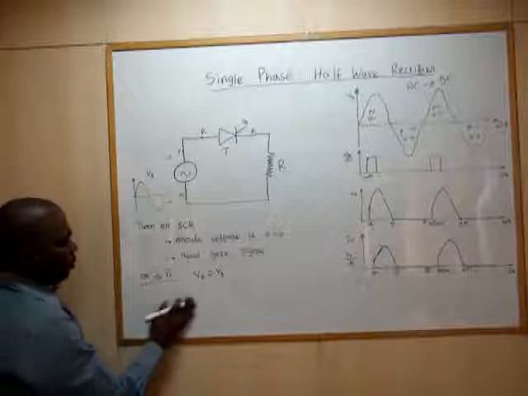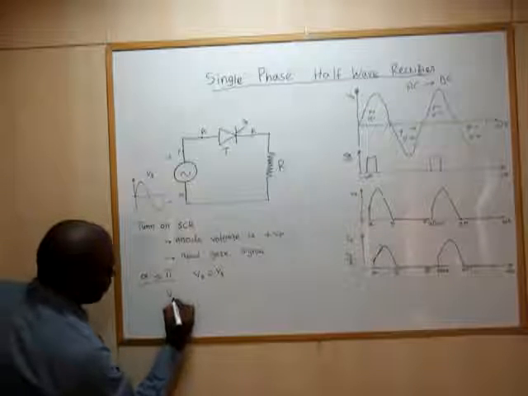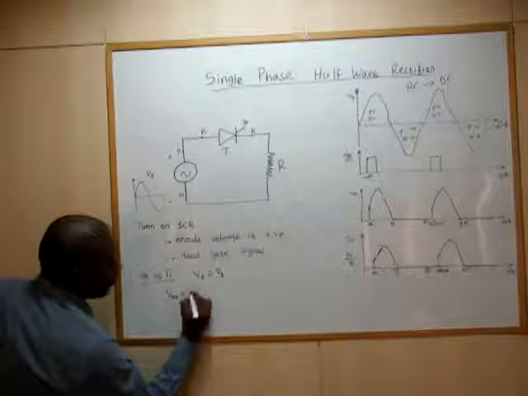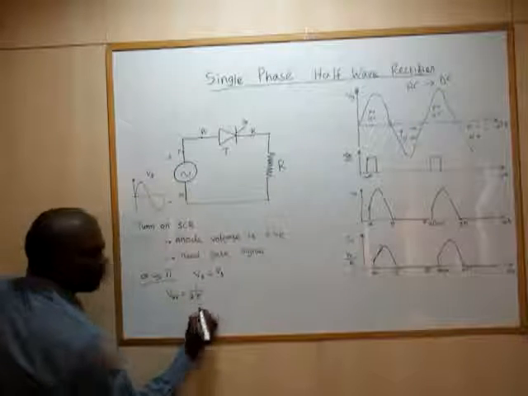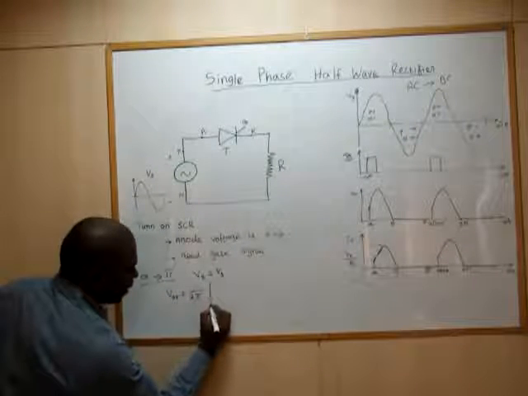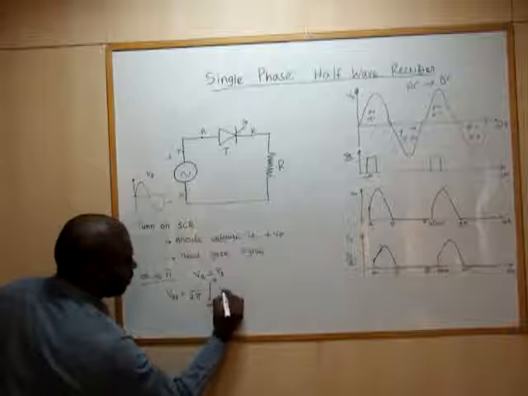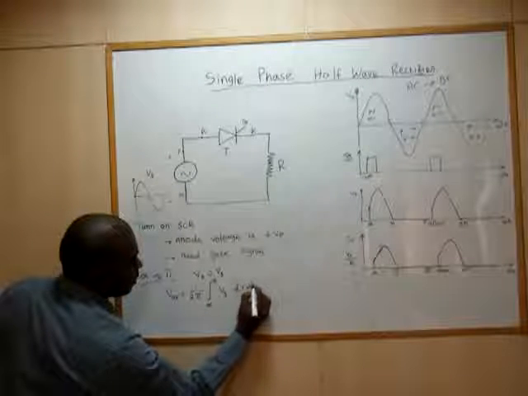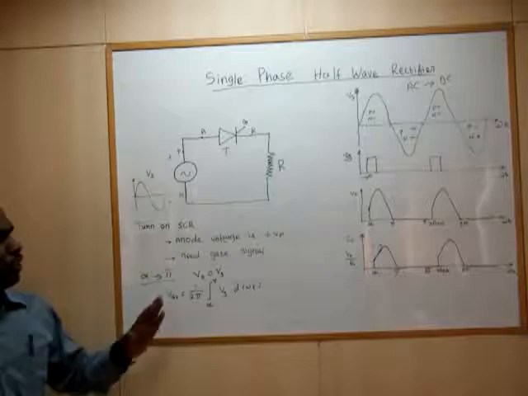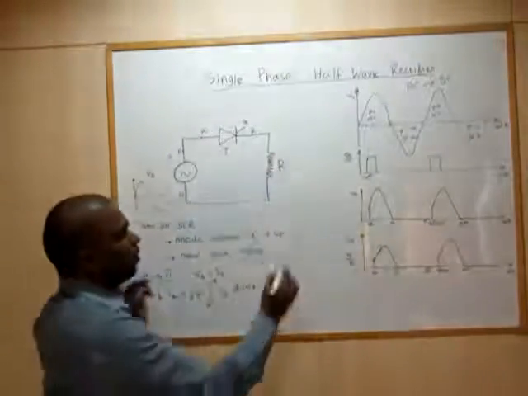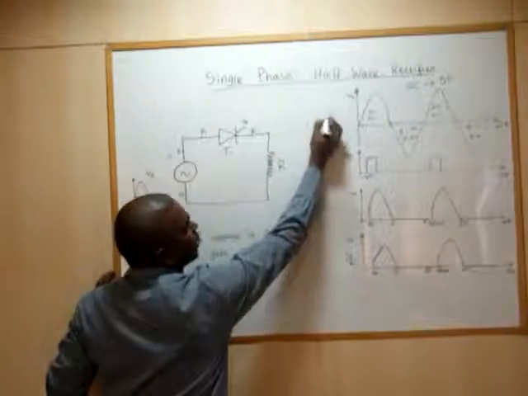Next, the average output voltage is V average equal to 1 divided by 2 pi, integral from alpha to pi of Vs d omega t. Vs is the source voltage, a sinusoidal waveform represented by Vm sin omega t.